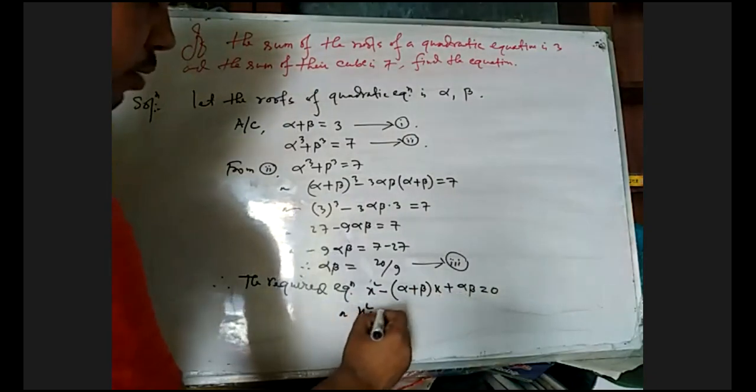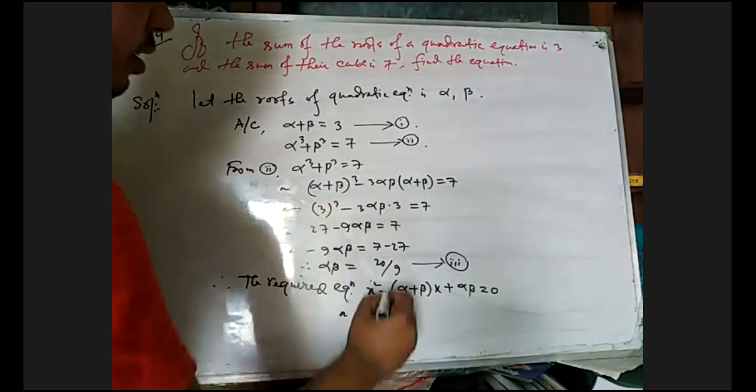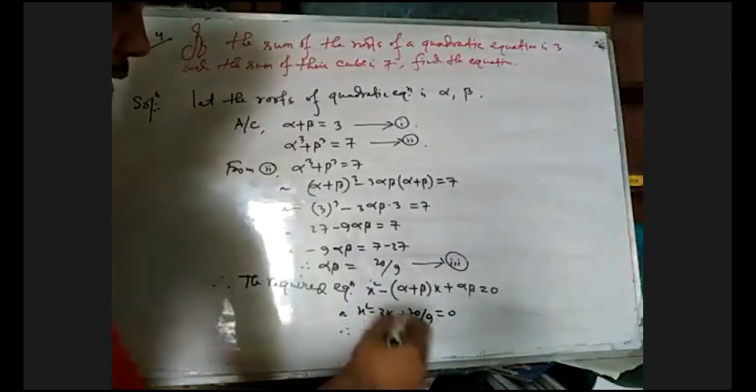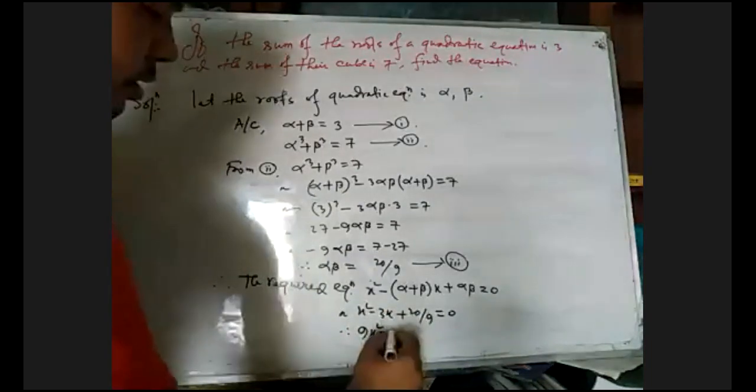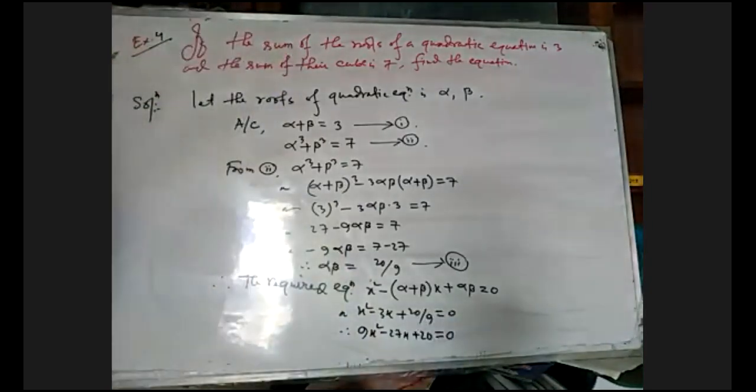Or x square minus thrice x plus 20 by 9 equals 0. Therefore multiplying by 9 on both sides, we get the required equation.